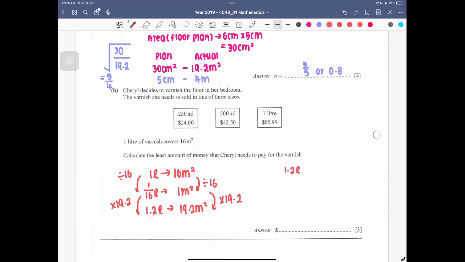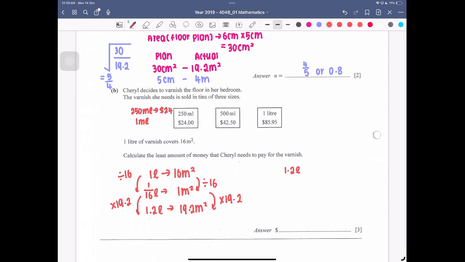If I want the least amount of money, which one should I be using here? Take a look here. 250 ml costs $24.